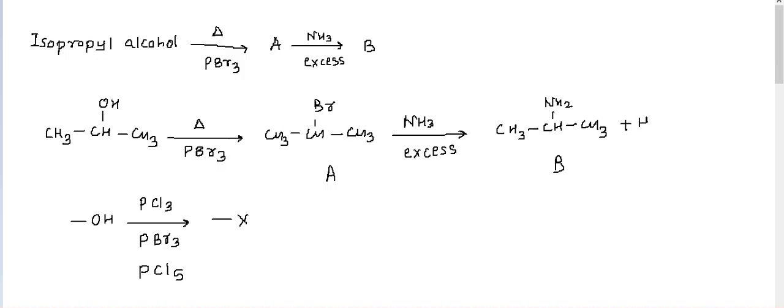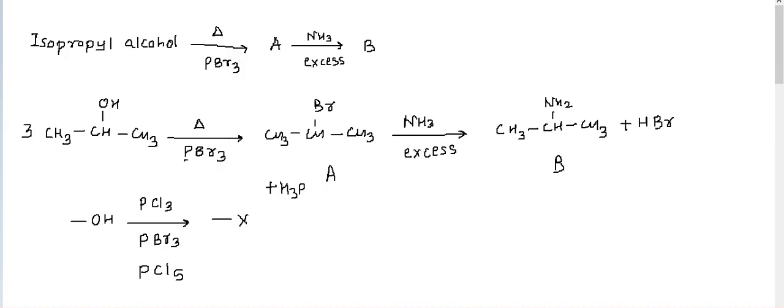You need not write end products, but if you want to, you can always write them. If you want to balance this reaction, we are going to replace OH by Br. And how many bromines are there in the reagent? There are 3. So we need to take 3 alcohols initially. Then OH will get replaced by Br, and what is left behind is 3 hydrogen, 3 oxygen and 1 phosphorus.